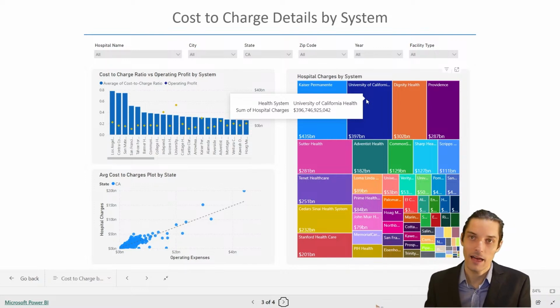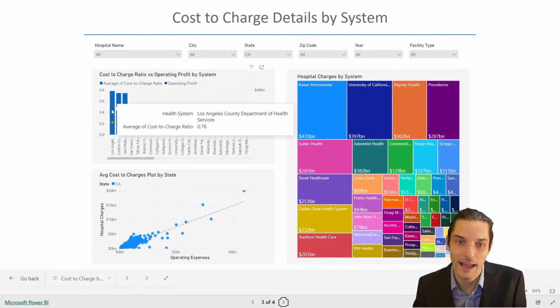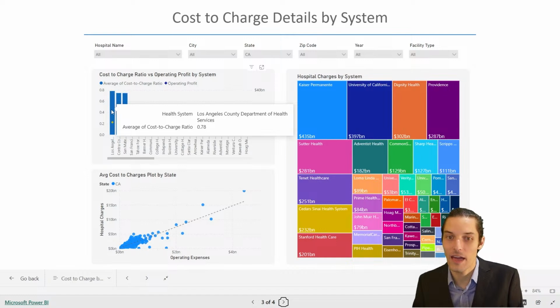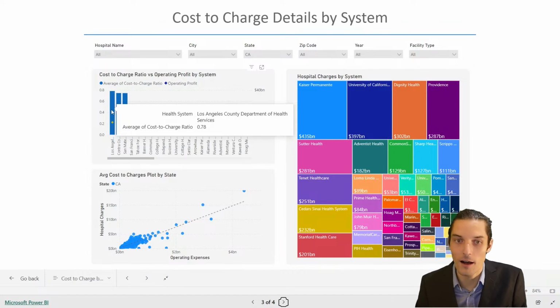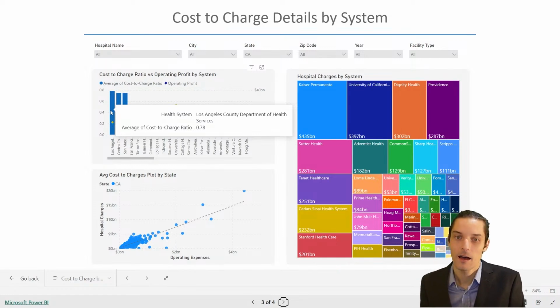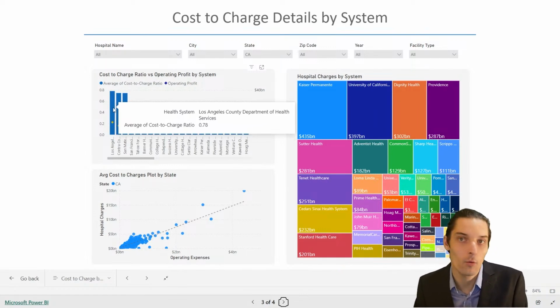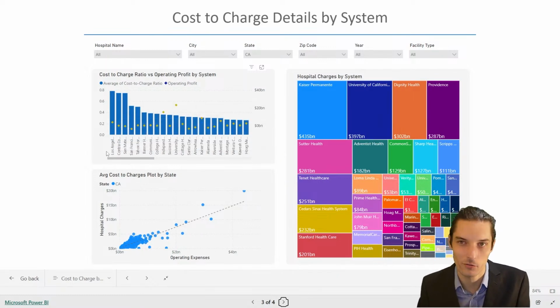So I know that our insurance company needs to negotiate down, etc. And so, for example, within California, the highest cost to charge ratio is LA County Department of Health, meaning that their costs and charges are very, very much in line. And so if you get any services done at LA County Department of Health, which are very basic services, then you know that whatever bill you get, you should just pay it because there's not any negotiating really to be had here.